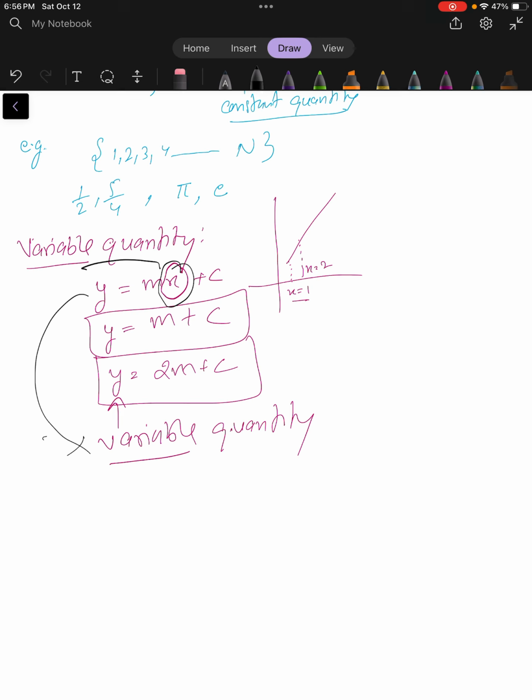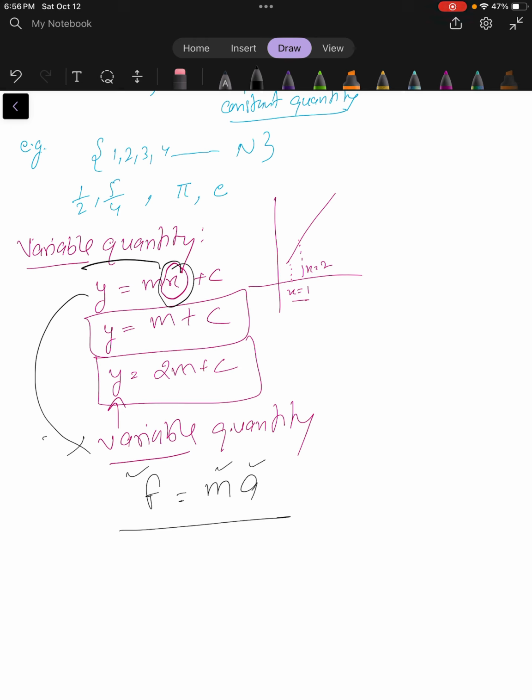In the same way, we can take another example like F = m × a, force equals mass times acceleration. This force will be a variable quantity, where we have some value of mass and some value of acceleration.